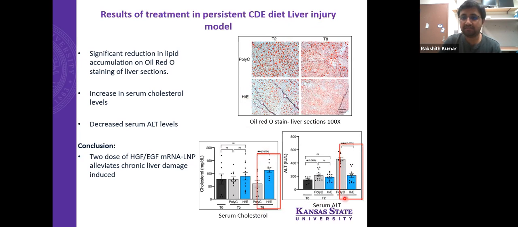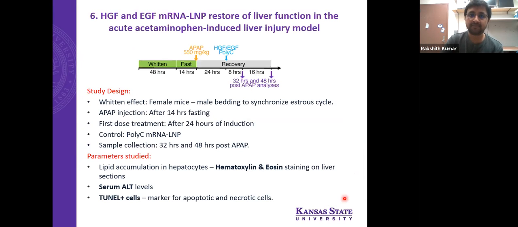This shows that two doses of the HGF and EGF mRNA lipid nanoparticle reduce the chronic liver damage which is induced by the CDE diet. And after confirming the efficiency of this mRNA treatment in the chronic liver injury model, they did the same with an acute liver injury model, which was induced by acetaminophen overdosing through the intravenous route.